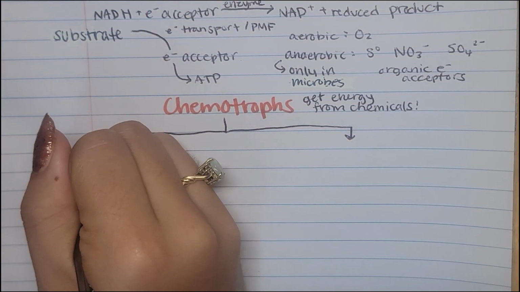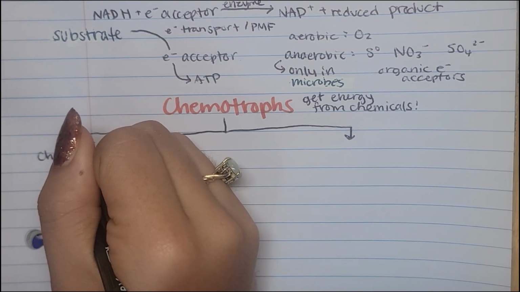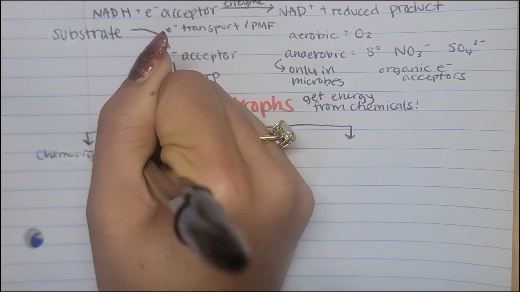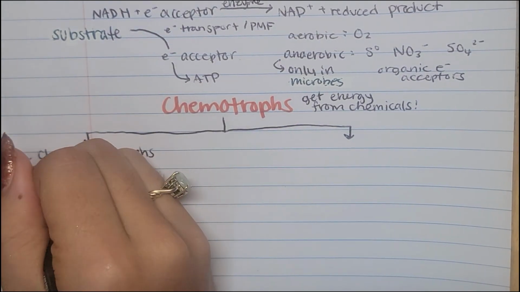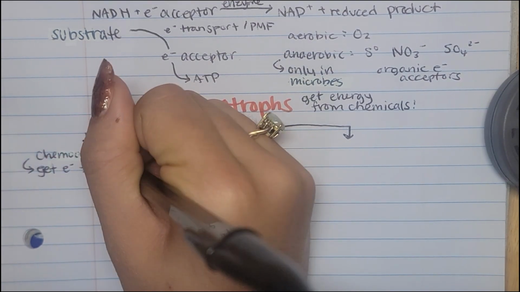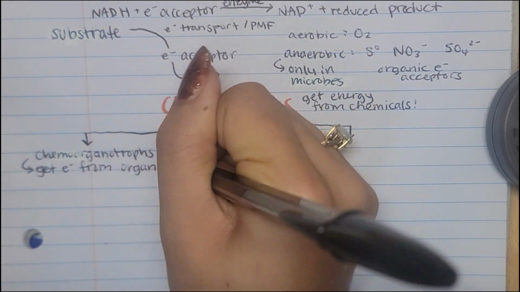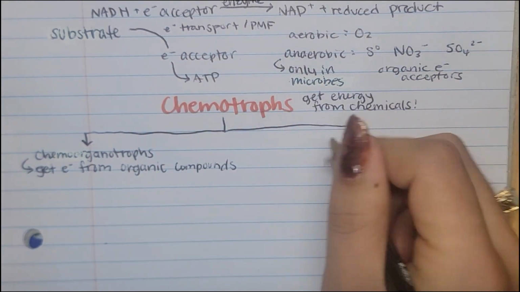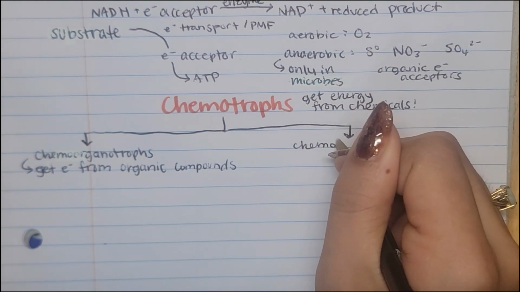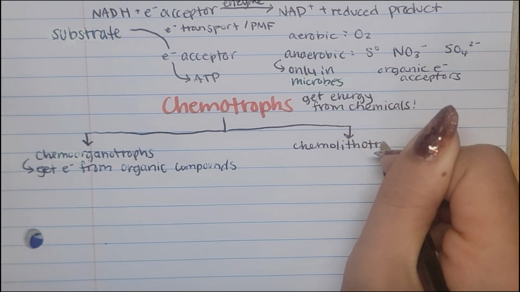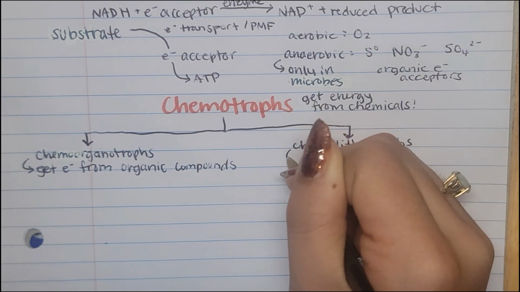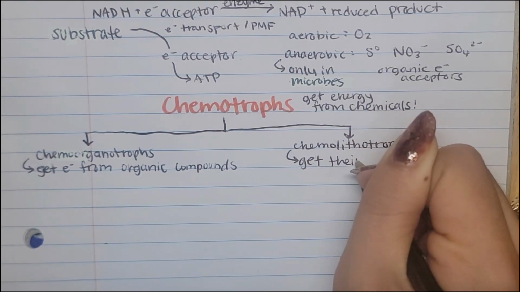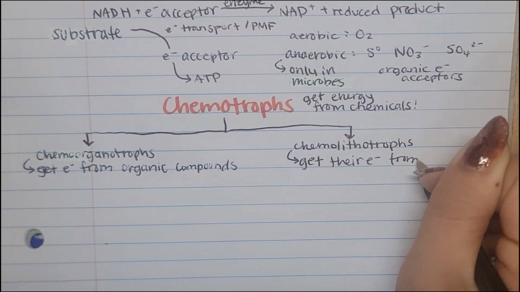So we have chemoorganotrophs, where the organo means they get their electrons from organic compounds. Whereas chemolithotrophs get their electrons from inorganics.